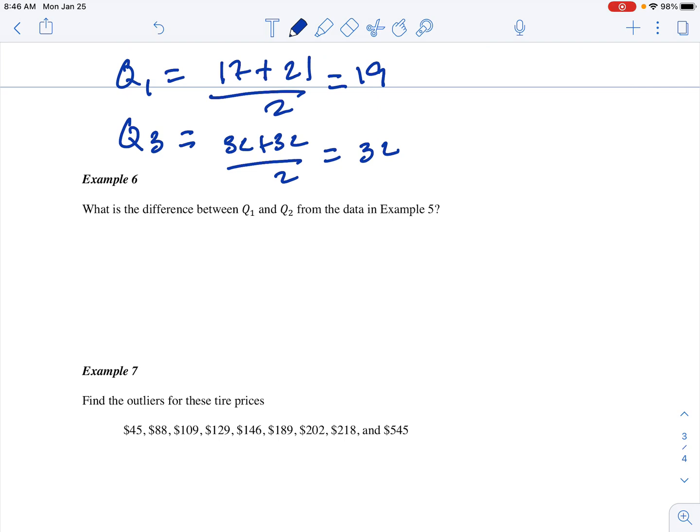Stop, bro. So example 6, what is the difference between Q1 and Q3 from the data available? Okay, all we're going to do here is, it's actually supposed to be Q3, sorry, not Q2, Q3. All we'll do is take Q3 minus Q1.